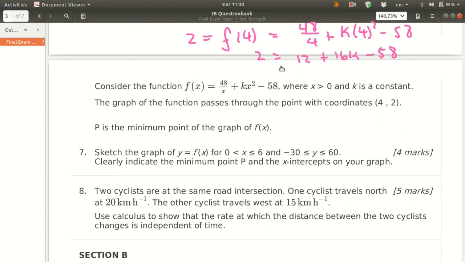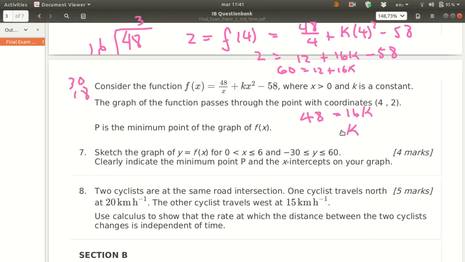So 2 plus 58 is 60, is equal to 12 plus 16k. Then subtract 12. So 48 is equal to 16k. And then divide by 16. So 48 divided by 16, maybe 3. 6 times 3 is 18. Yes, 48. So k is equal to 3.